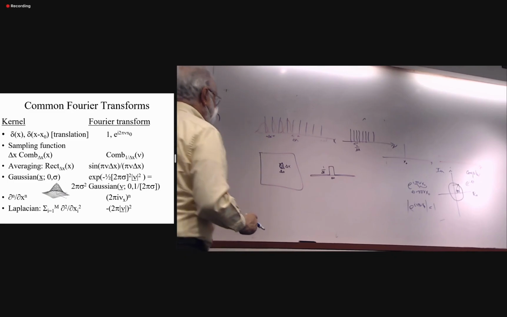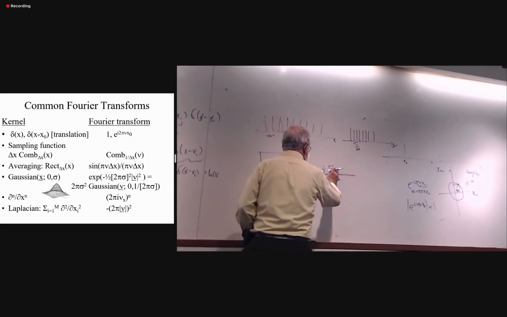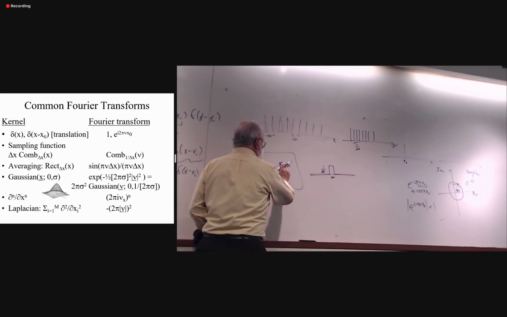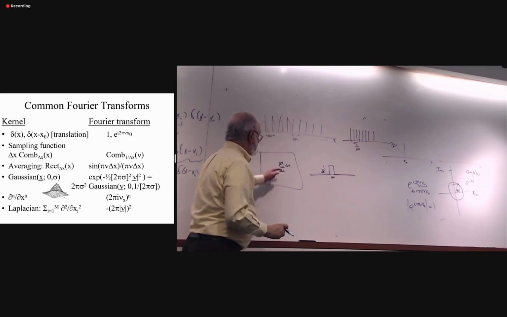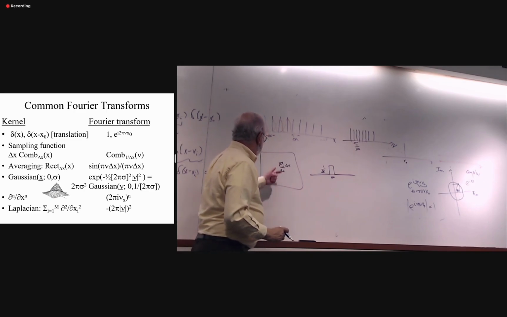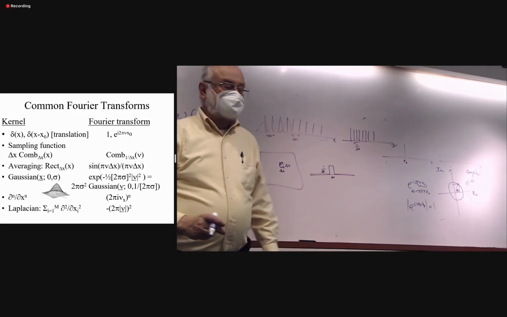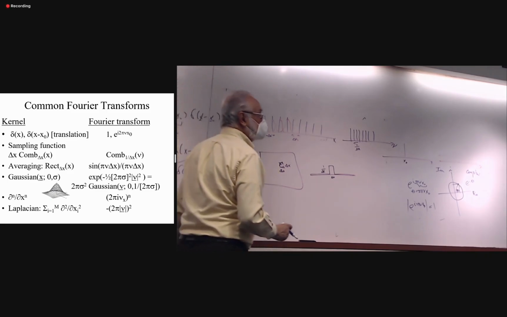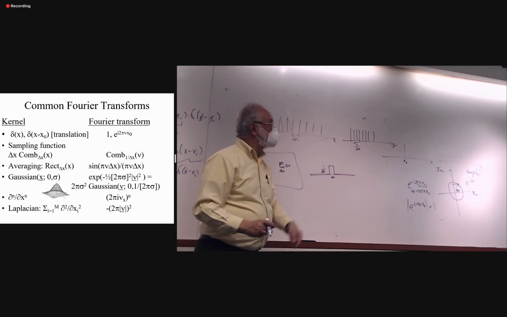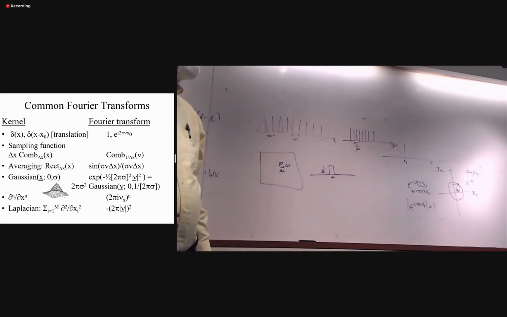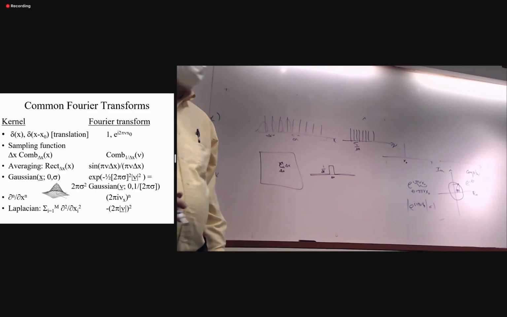Or another way of putting it is such that the area under this is 1, and you would want the area under this guy in 2D to be 1, which would make its height 1 over delta x squared. Okay, in any case, this Rect function goes into this sine pi nu delta x over pi nu delta x.